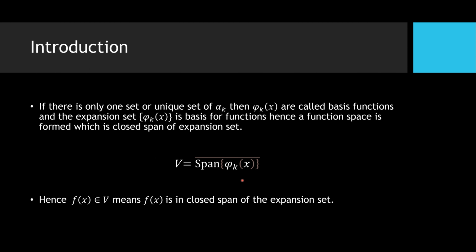This is nothing but considering all linear combinations possible with the expansion set psi k of x. So if f of x belongs to V, that means f of x is in the closed span of the expansion set.